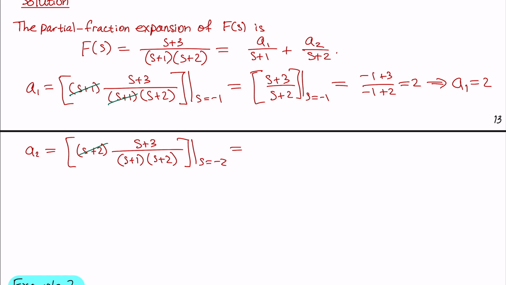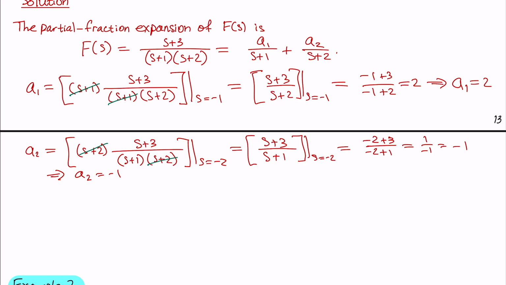And then we get to eliminate our (s + 2), and we'll end up with (s + 3) divided by (s + 1), evaluated at s equals minus 2, which will be equal to minus 2 plus 3 divided by minus 2 plus 1. We get 1 over minus 1, so this is minus 1. And therefore, A2 equals minus 1.